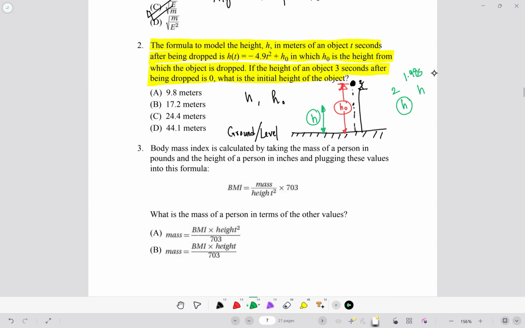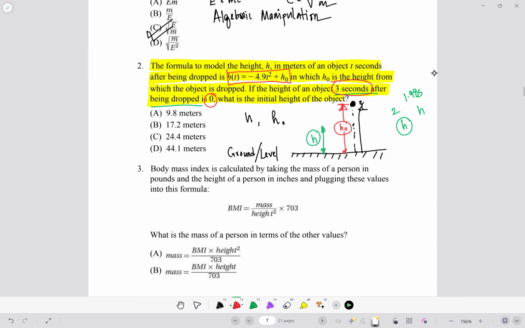If the height of an object 3 seconds after being dropped is 0, can you just use these values to plug into this equation? Can you do that using this data? Yeah. Okay, then tell me what it is going to be. So the H is 3, and then you solve for H naught.